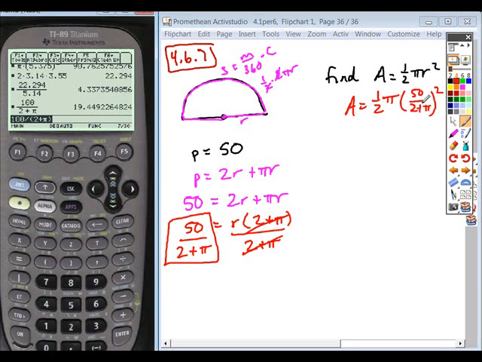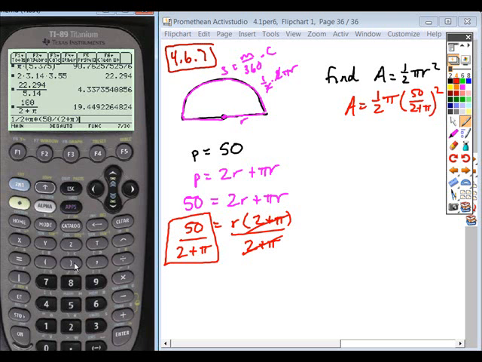Okay. So if you're doing it straight from 1/2 times pi times the quantity 50 over, now when you rewrite this, since you have multiple terms in the denominator, we do need to separate those. 2 plus pi.